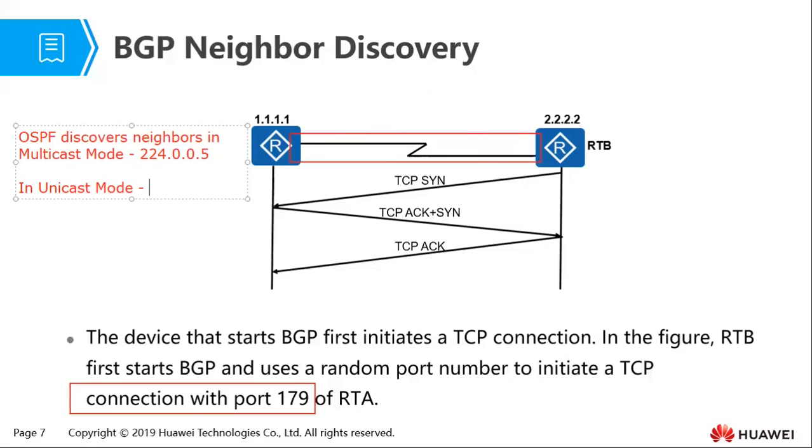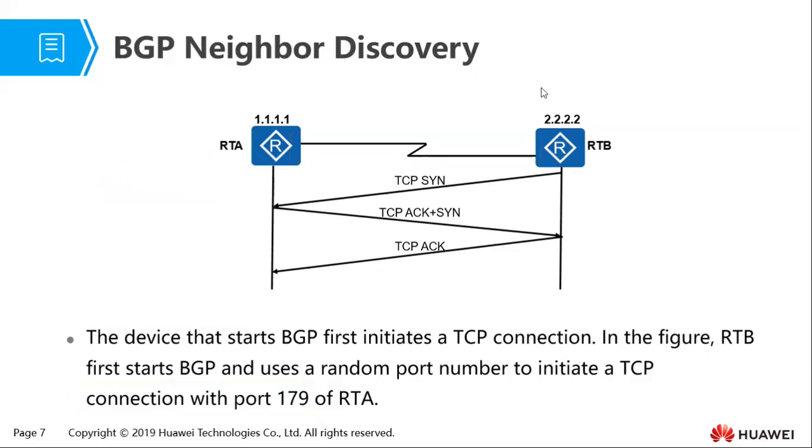Now, because neighbor discovery is done in unicast mode, BGP neighbors must be manually specified using the peer command, as we are going to see.